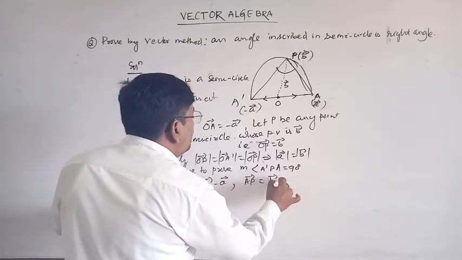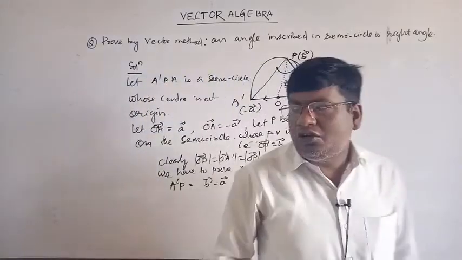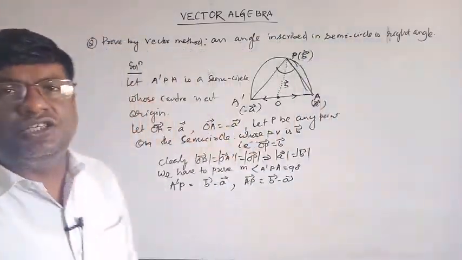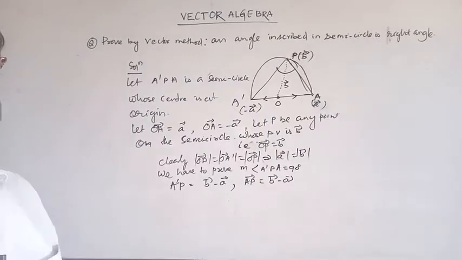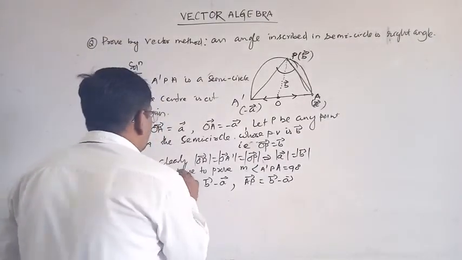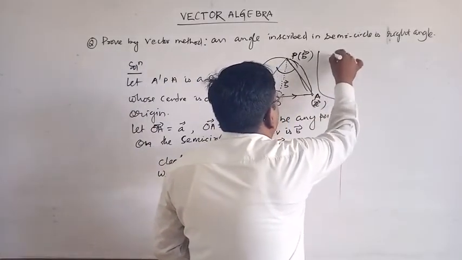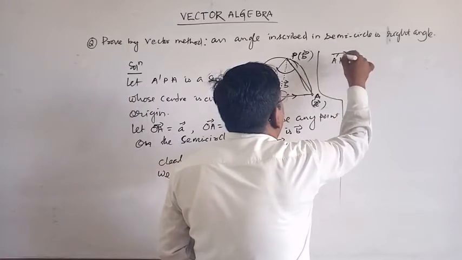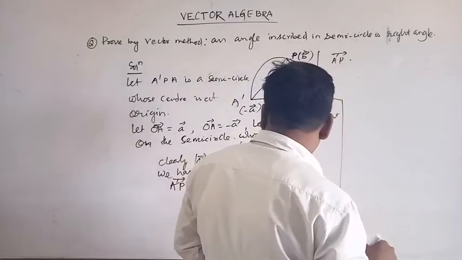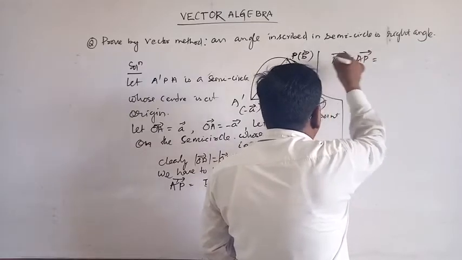That is vector A minus vector B. Now the dot product: A'P vector dot AP vector is equal to what?